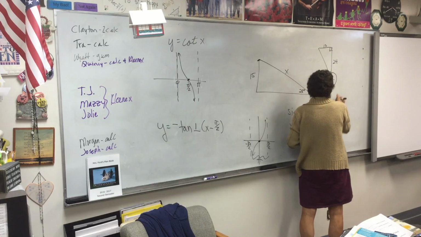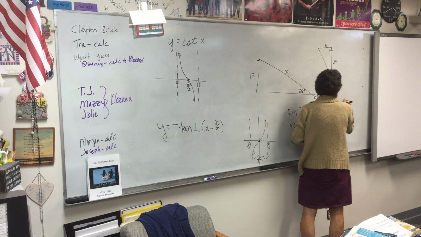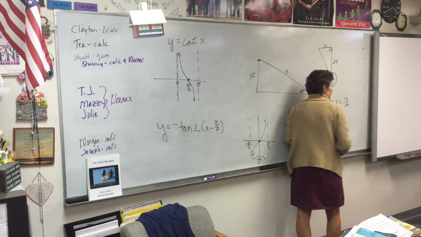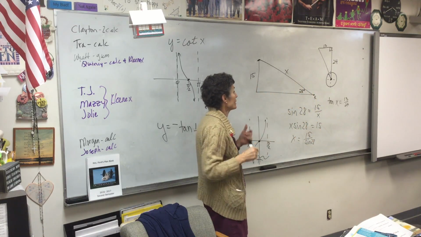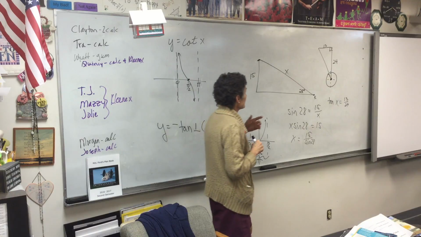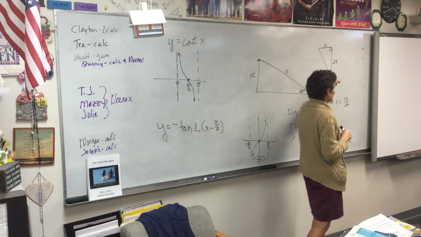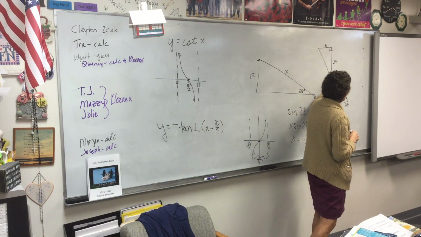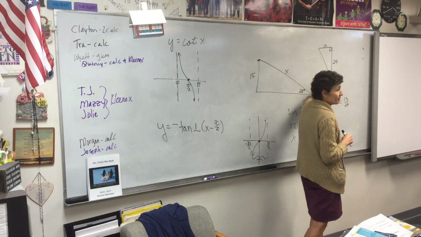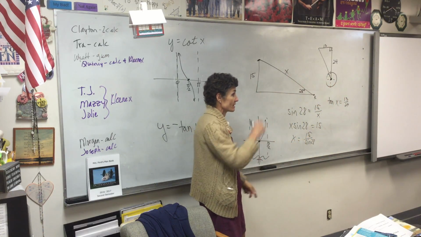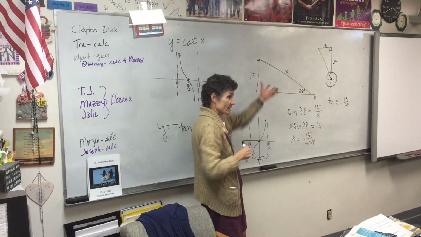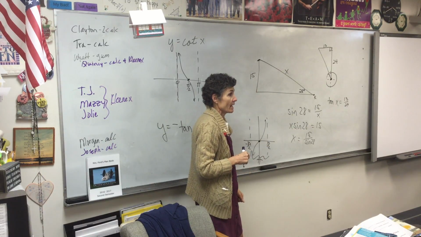If I call that x, the tangent of x would be 13/24. I think it's like 28 degrees, let's say it's 28 degrees. Then the actual direction would not be 28 degrees. The actual direction would be 360 minus 28 degrees, because it's all the way around except for that little angle there.